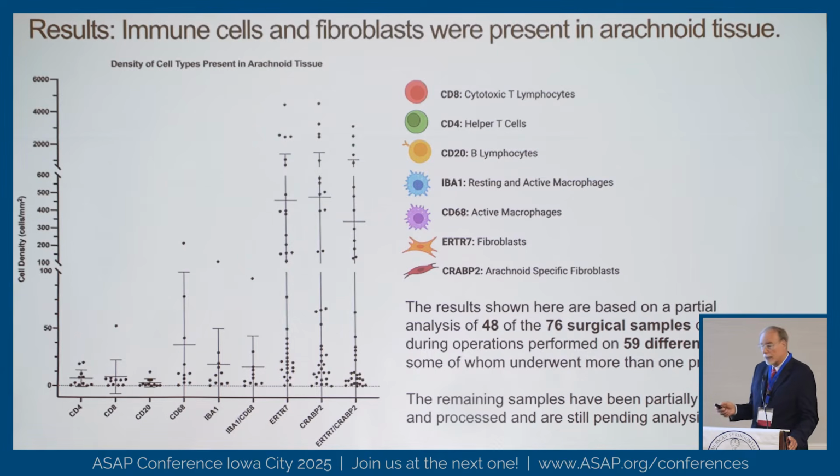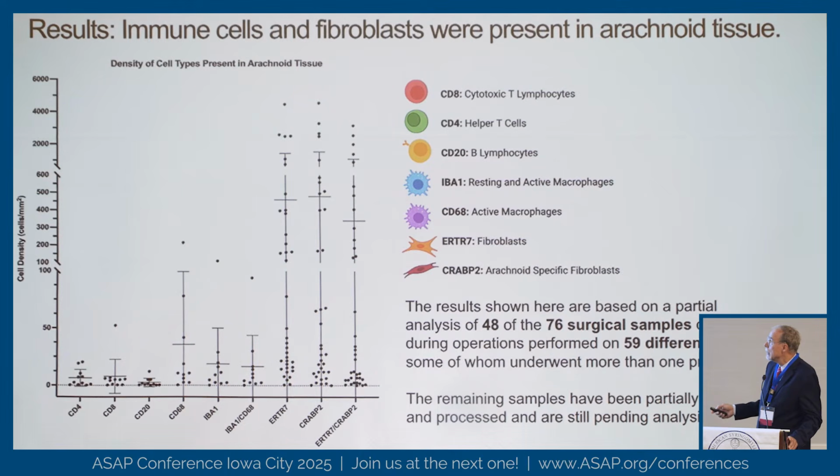And so she looked at both inflammatory cells as well as cells that make fibrous tissue. And you can see here that the inflammatory cells were relatively low, but the cells that induce fibrosis were upregulated in their markers for fibroblasts, and here are the inflammatory markers there.